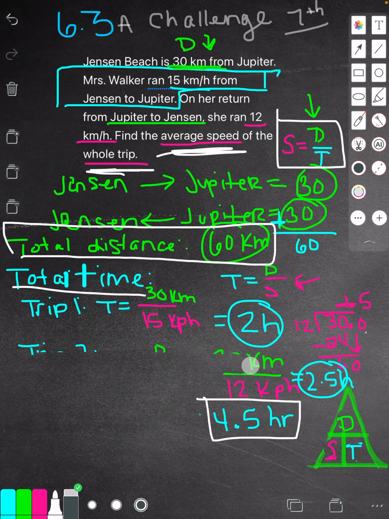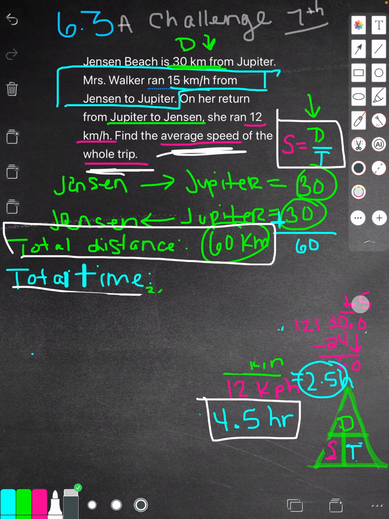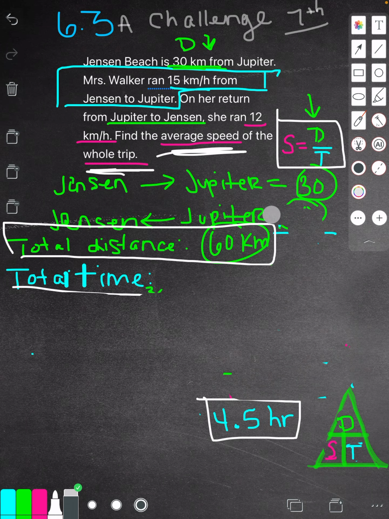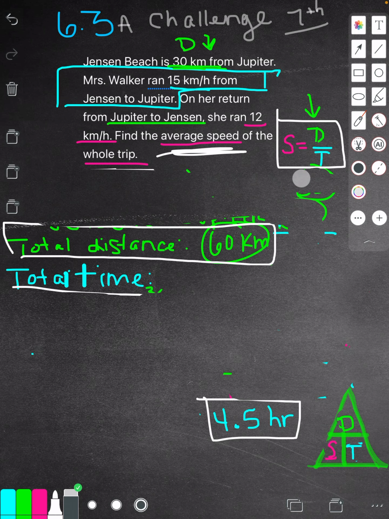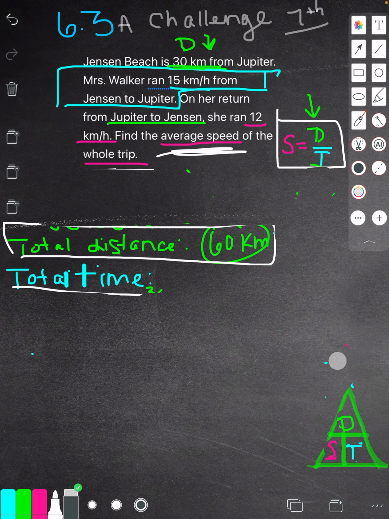So I'm going to erase all of this so that we can figure out what's happening as we find our speed, excuse me, our average speed. All right, here we go. I'm going to rewrite my 4.5 up at the top, and then we have some room to write down on the bottom. 4.5 hours.